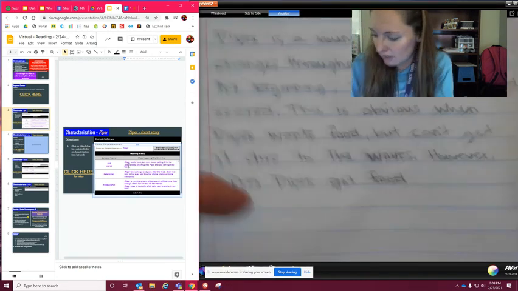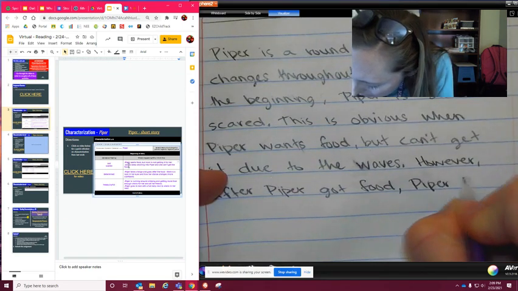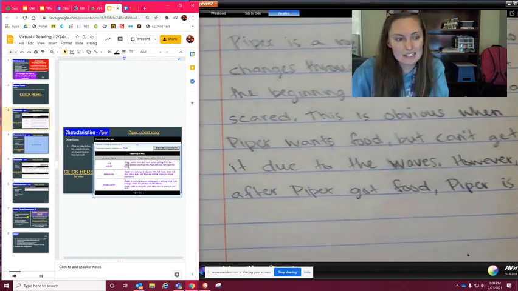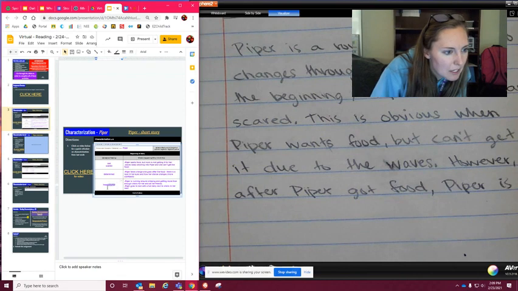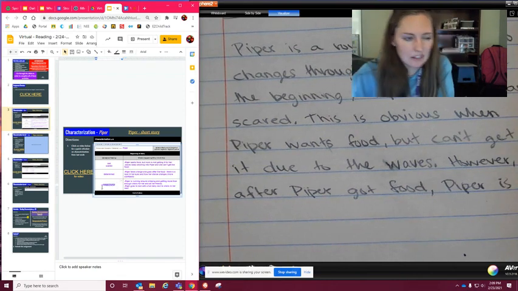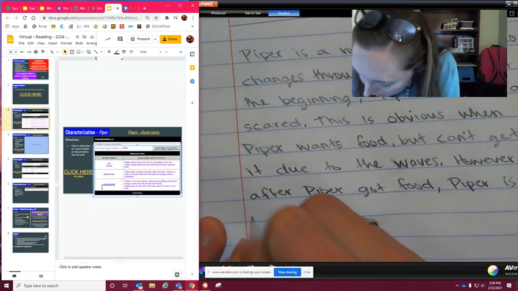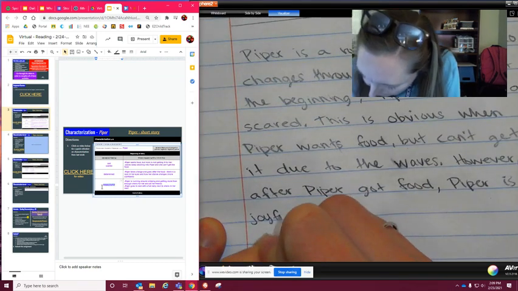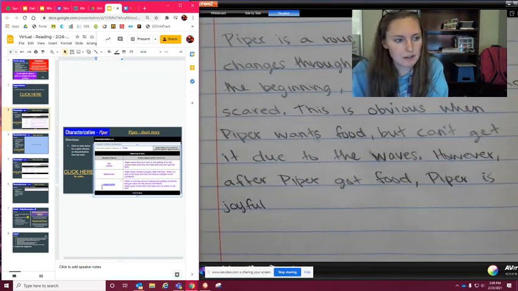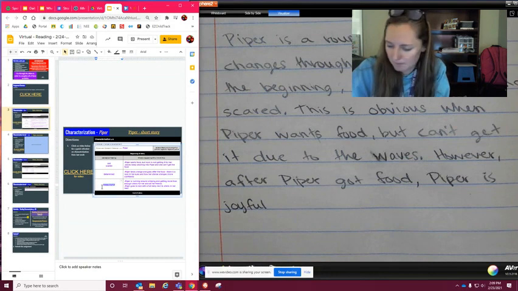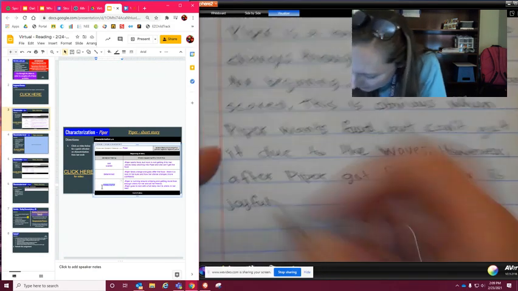So we're going to put comma, and we're going to say Piper is, and we're going to go to the end demeanor because that's what the format says. So I go back over here and it says happy or joyful. I like the word joyful better, so I'm going to use joyful. So Piper is joyful. If you want to put both, that's fine. I'm just going to choose one this time, but that's okay. Okay, is joyful. All right.